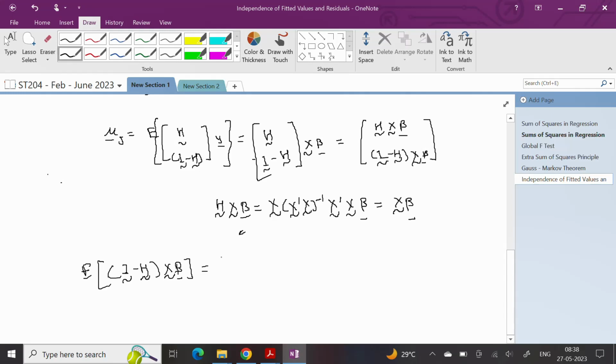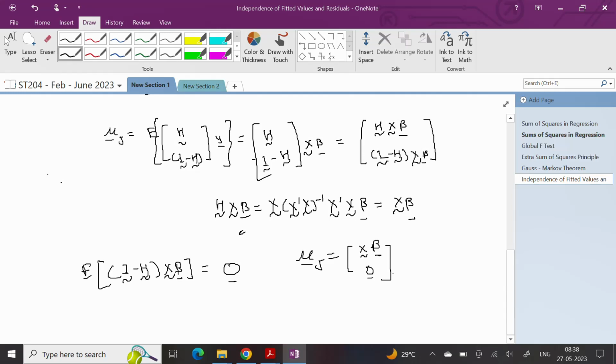We just showed that H X beta becomes X beta and I X beta will also become X beta. So this is 0. Hence, my mu j is a vector with the first component of the partition as X beta and then 0 as the second part.